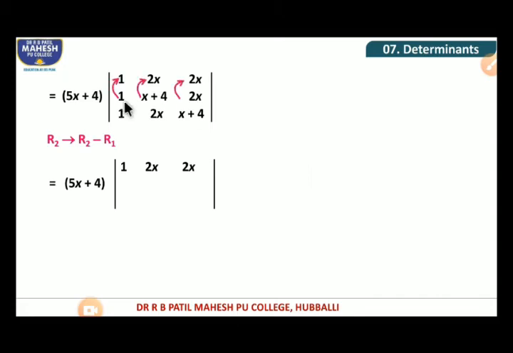So this becomes 1 minus 1 is 0, x plus 4 minus 2x becomes 4 minus x, and 2x minus 2x is 0. And one more operation here, we can operate R3 minus R1, that becomes R3 only. So 1 minus 1 is 0, 2x minus 2x is 0, and x plus 4 minus 2x is minus x plus 4. Also we can read it as 4 minus x.